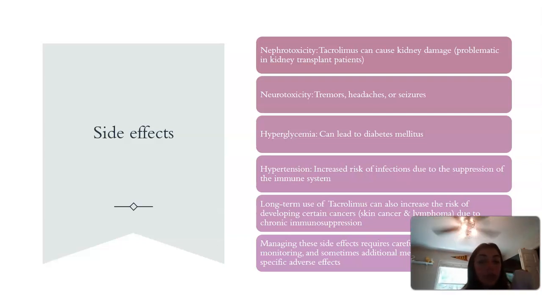Also, long-term use of tacrolimus can increase the risk of developing cancers such as skin cancer and lymphoma, and this is also due to the chronic immunosuppression. Managing these side effects requires careful dosing, monitoring, and sometimes additional medications to mitigate the specific adverse effects.